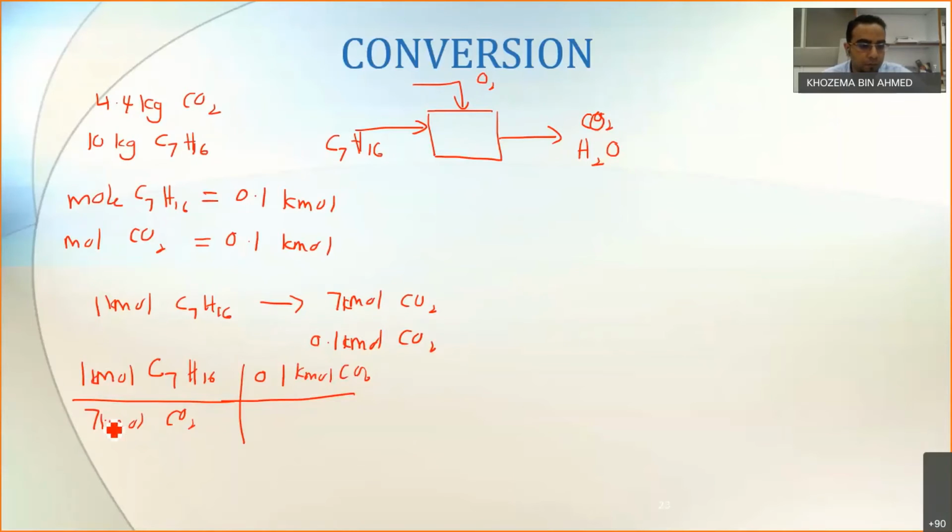So I can get a value of 0.0143 kilomole of C7H16. This is the amount of C7H16 that I have used. I have reacted it with oxygen, which is in excess, to produce 0.1 kilomole of CO2.